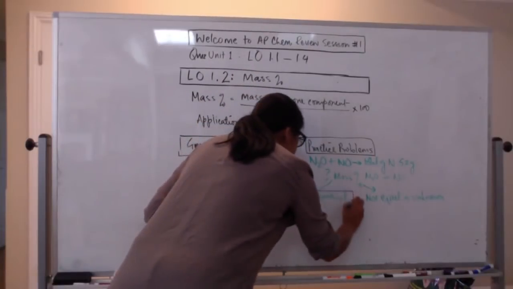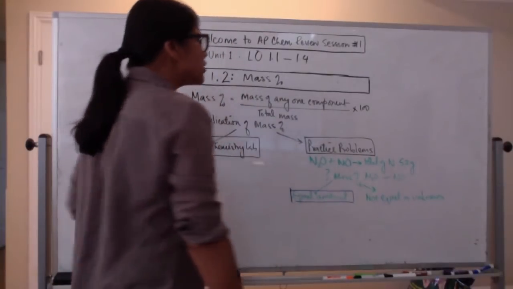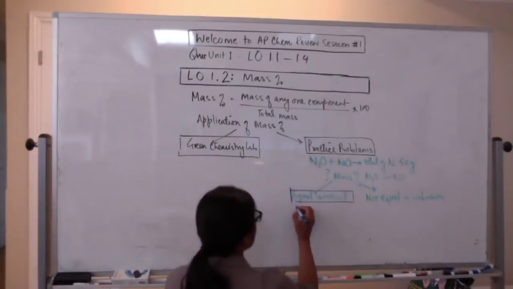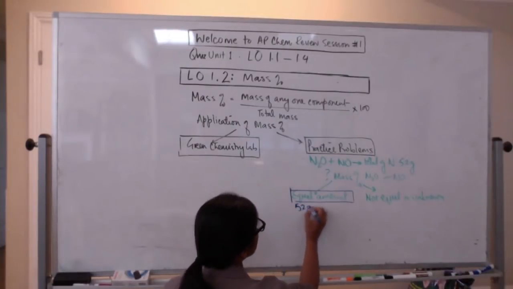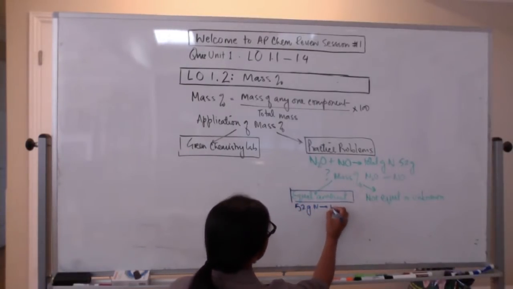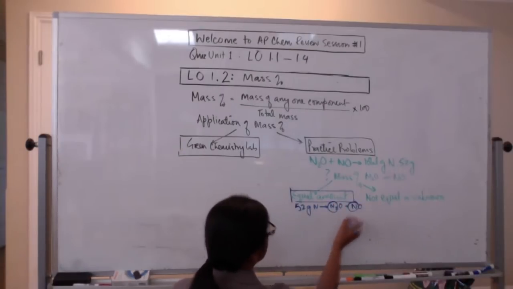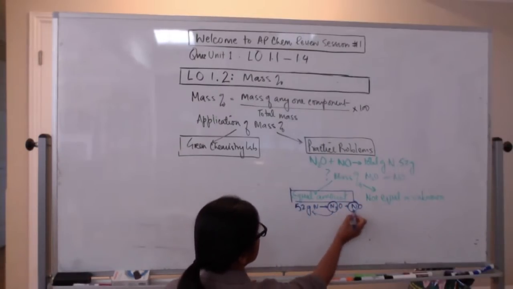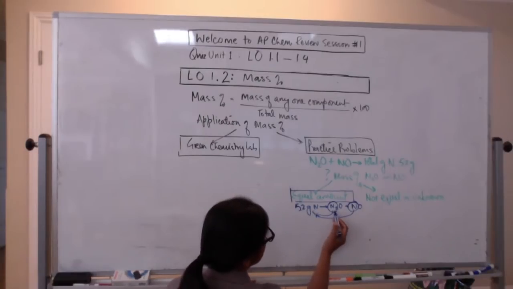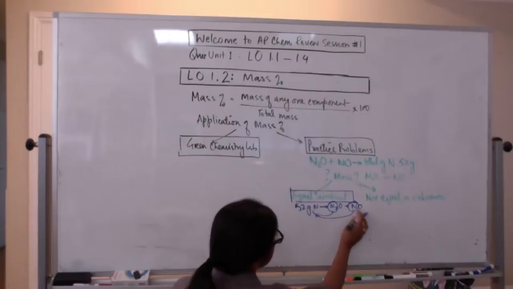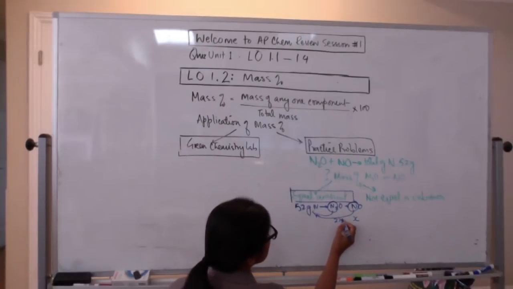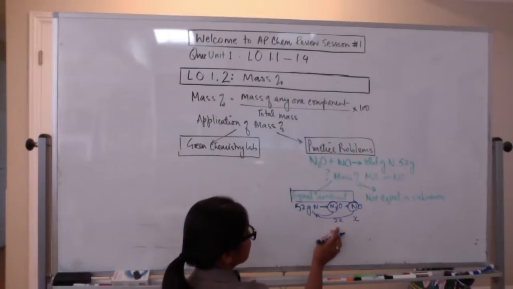If they are present in equal amounts, what you can assume, first of all, is that the entire 52 grams of N comes from N2O's N and NO's N, right? You know this for sure. And if they are in equal amounts, let's say X amount comes from N, then 2X will come from here.